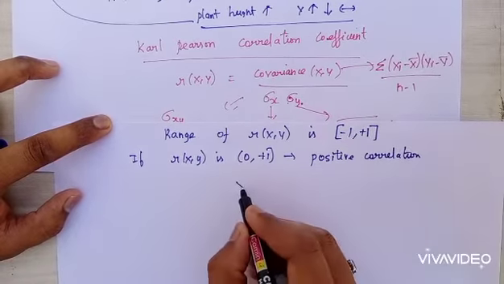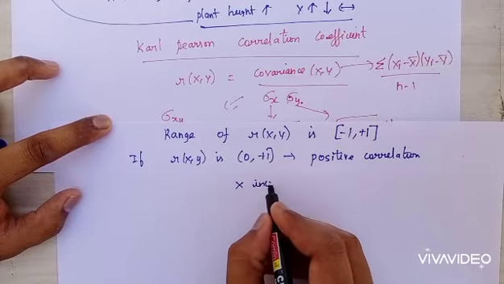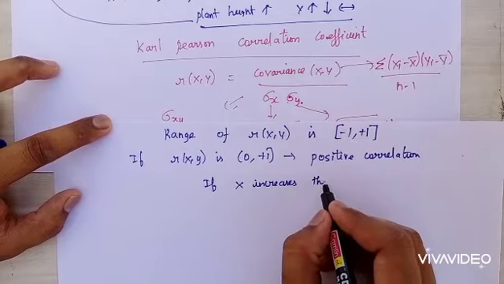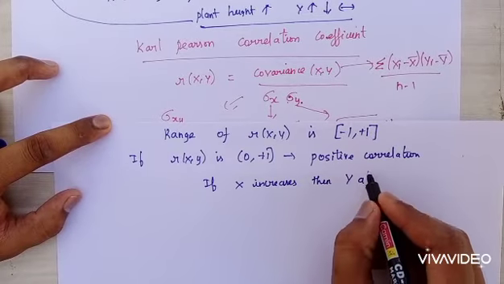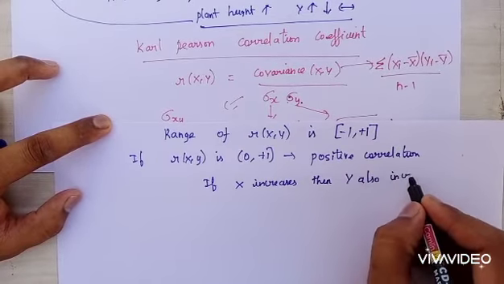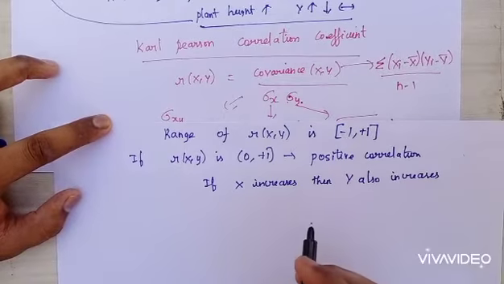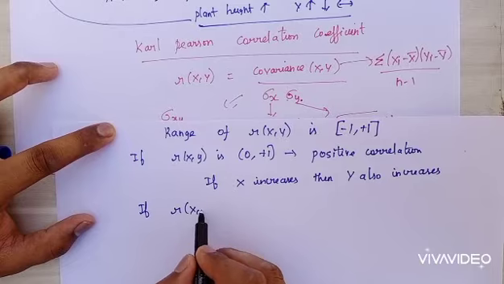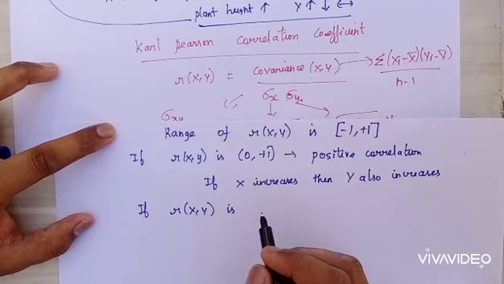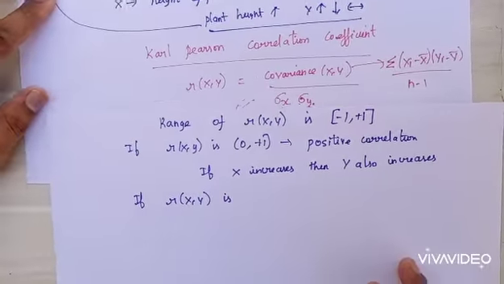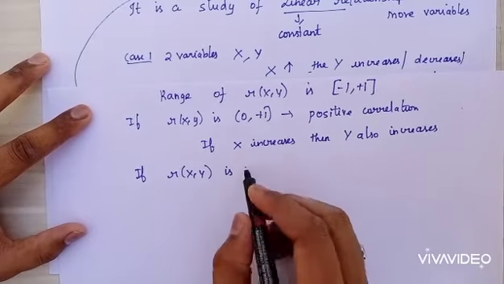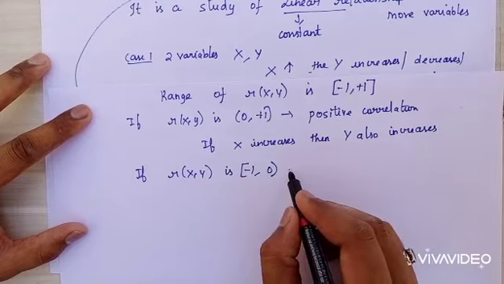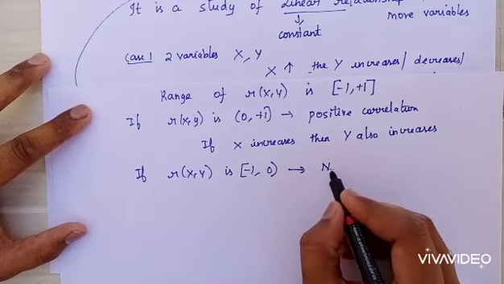That is, if x increases, then y also increases. If R x comma y is -1 to 0, then there is negative correlation.